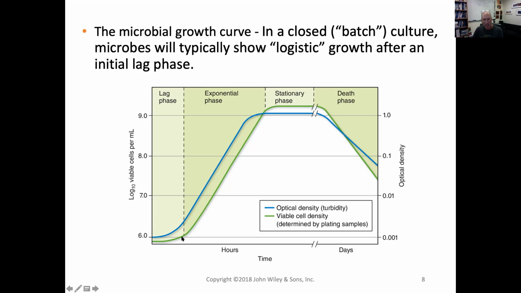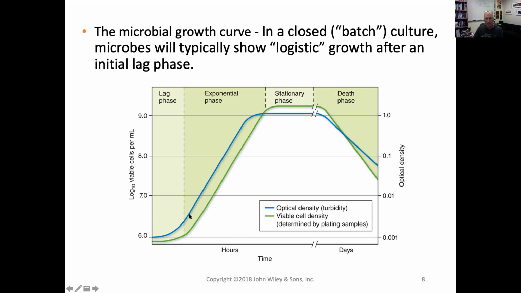Okay, now you notice that the logarithmic growth doesn't start immediately, right? Typically at the start of any given experiment, we have what's called a lag phase, because often we are taking a sample that's not growing happily. We might be taking a sample from a colony on a plate. We might have used a starter culture that was grown in a different media or has been sitting there on the bench or something. So often there's a period of adjustment. That's the lag phase. The growth rate during lag phase is lower than it is during the log phase or exponential phase.